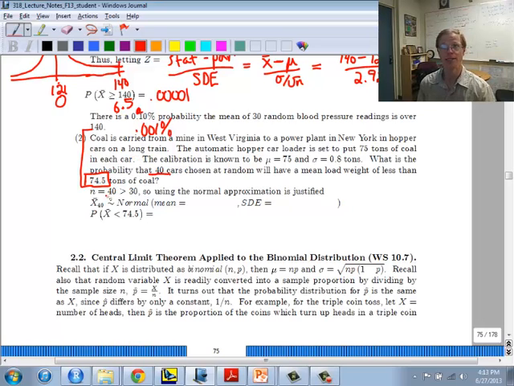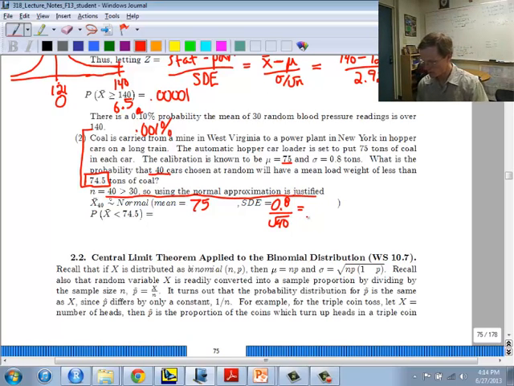Sample size is 40 coal cars, so our normal approximation is justified. The central limit theorem should kick in. So means of size 40 from the sample, in theory, should have a mean of 75 with standard error 0.8 over the square root of 40, which is 0.1265.